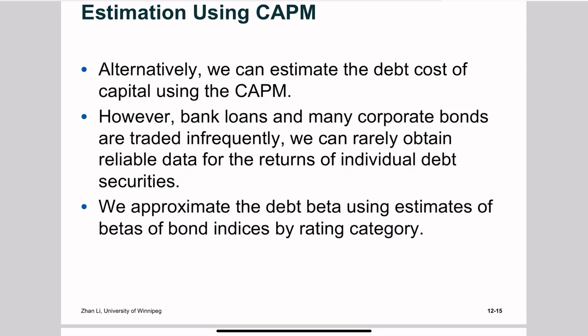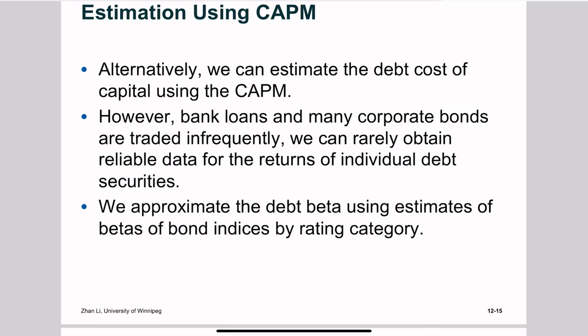Remember that to find out beta, you always need individual securities' returns. So if you cannot find reliable debt returns, then you should not use the simple linear regression to obtain that debt's beta, right? So what's the solution here?